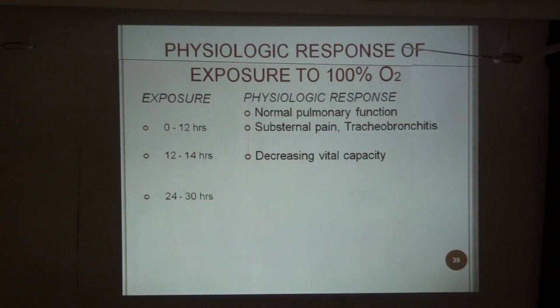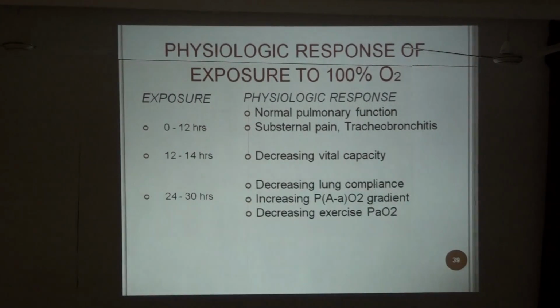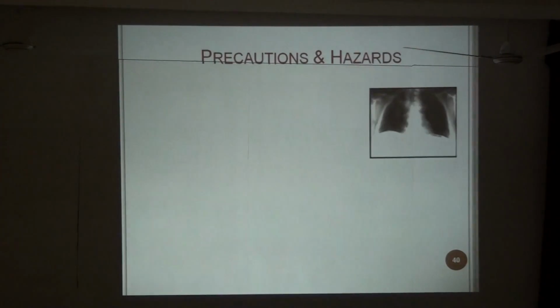If it goes beyond that, 24 to 30 hours at 100%, there is decreasing lung compliance, increasing PA-aO2 gradient, that is the alveolar-arterial O2 gradient, and decreasing exercise PO2. And beyond that, after a couple of days, there is decreasing capacity. So there are very detrimental issues involved in delivering 100% oxygen to the human body.